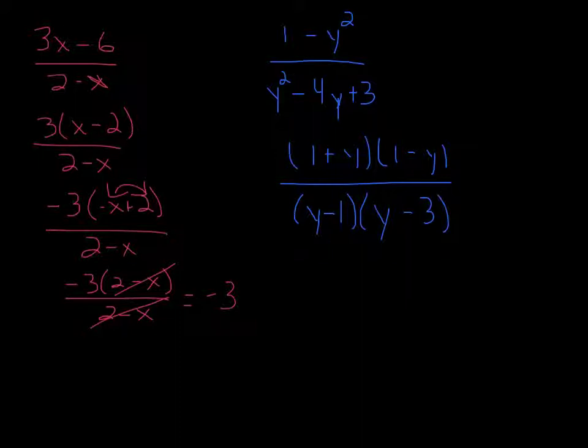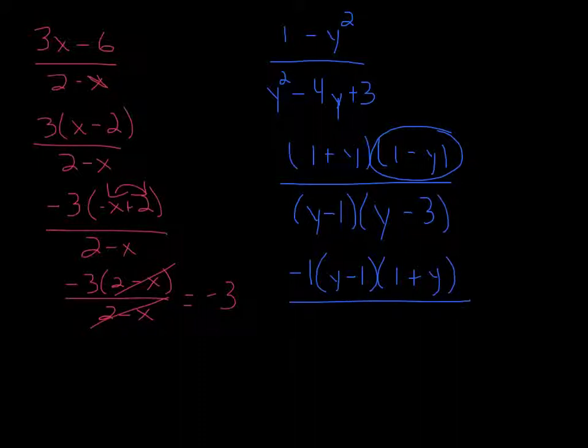So by pulling out our negative 1, okay, we are left with this 1 minus y becomes y minus 1, and then we have 1 plus y, okay, which also could be written as y plus 1, right? And then on the bottom we have y minus 1 and y minus 3.